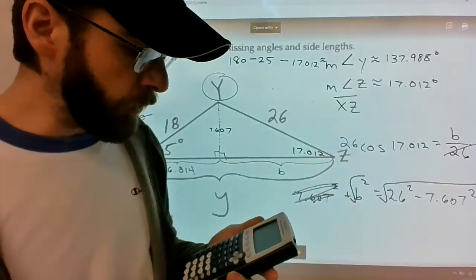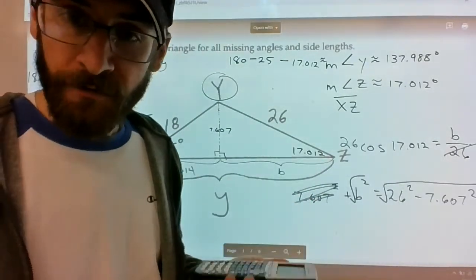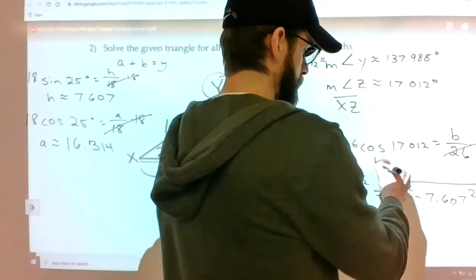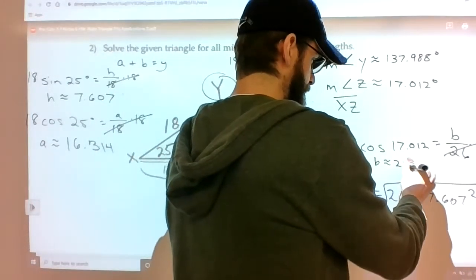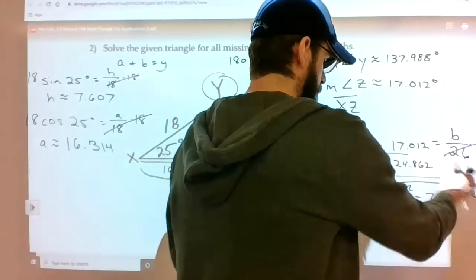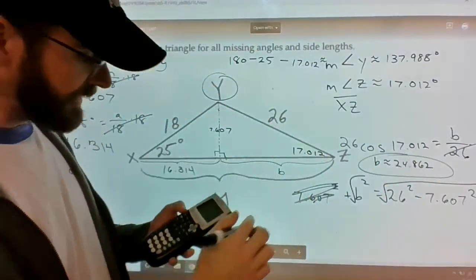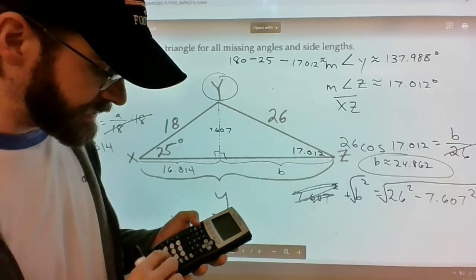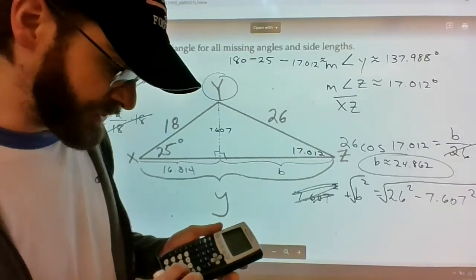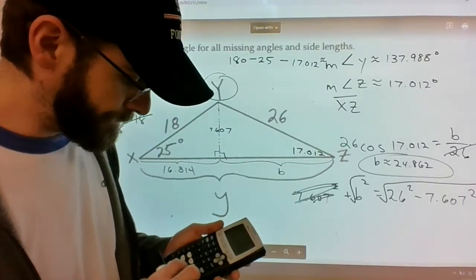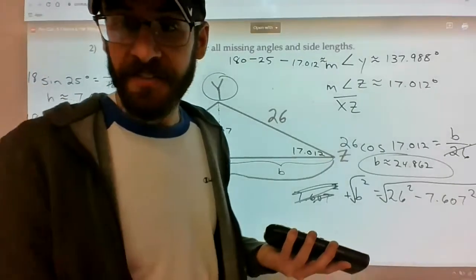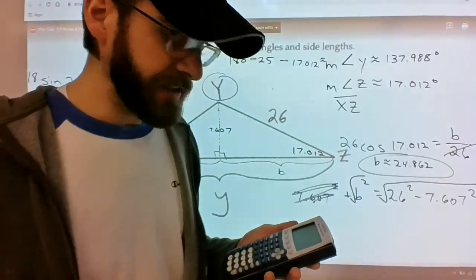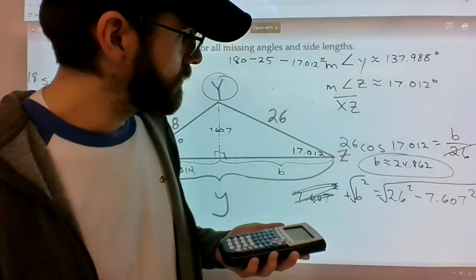I get 24.862 for the b value. And if I do it on the other one, I should get somewhere pretty darn close to that. I actually get the exact same answer when rounded to the nearest thousandth. Same thing.